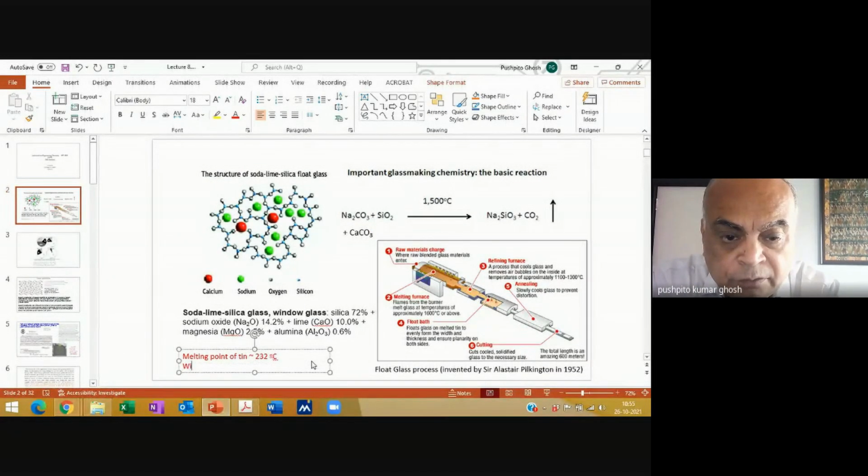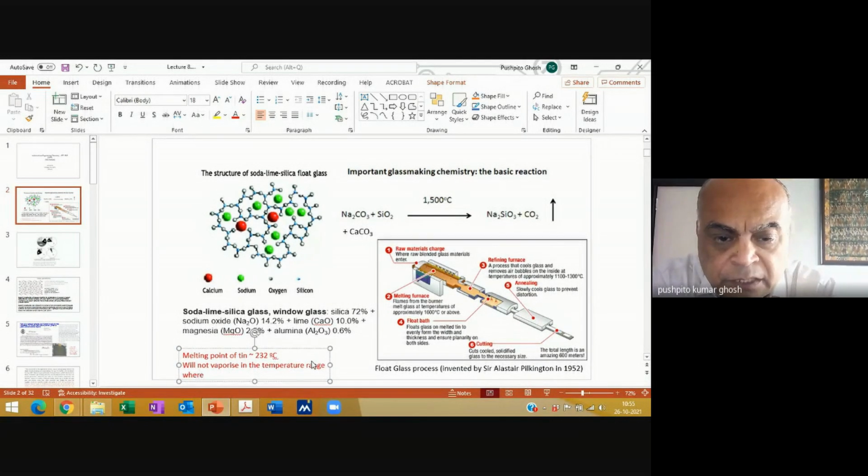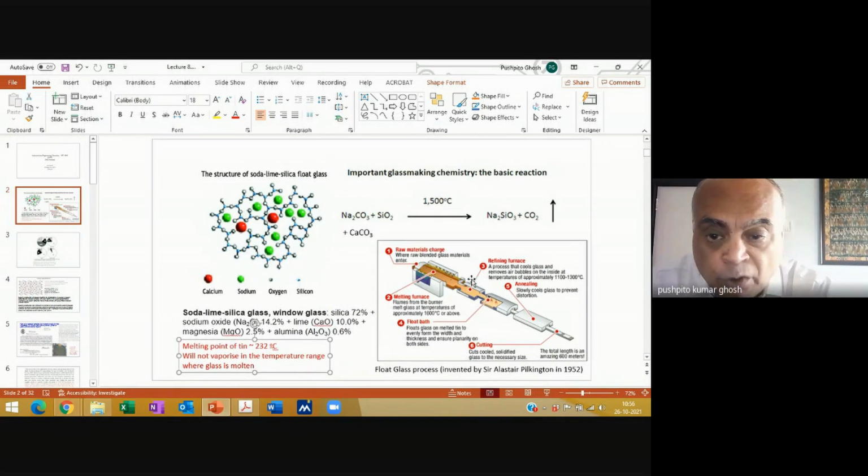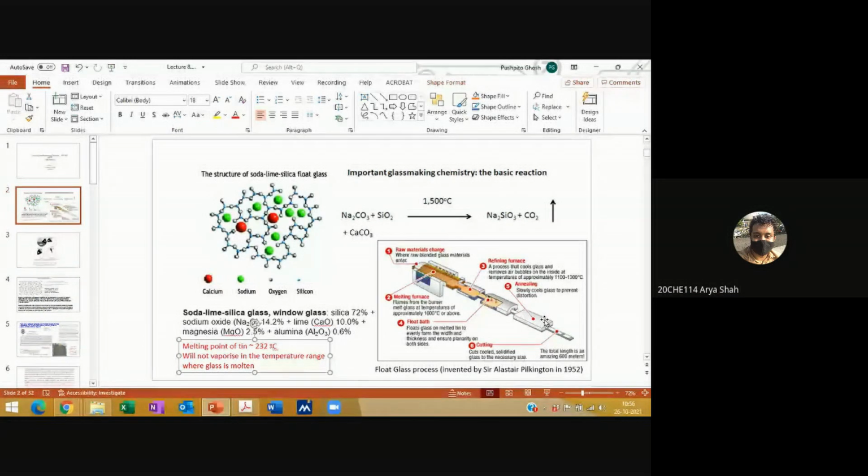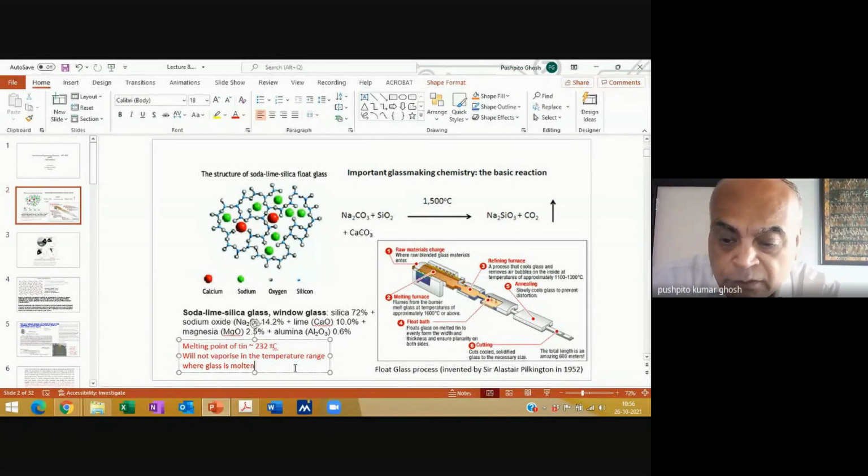Will not vaporize in the temperature range where glass is molten. And there is another important thing about metal. What is that? Which will be important here is as you're cooling the glass. Conduct heat. Absolutely.